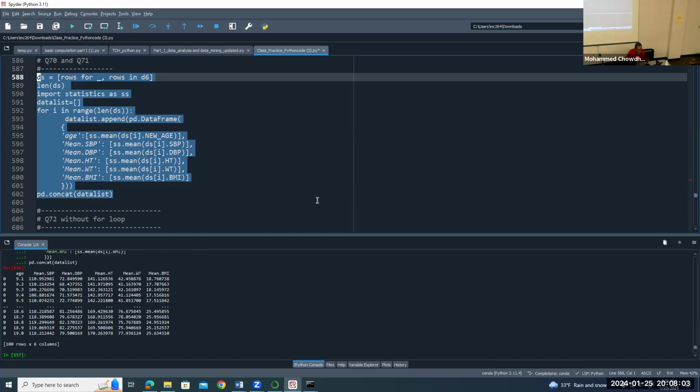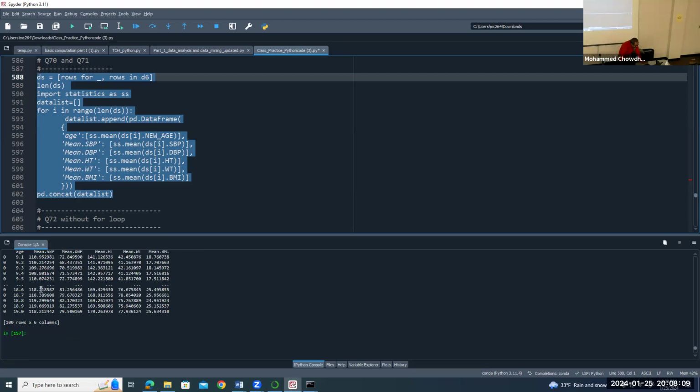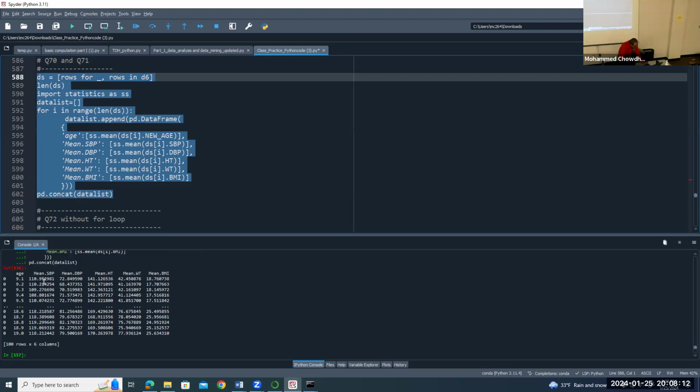So if I run this, these are the results. Now take a look in here. Age 9.1, mean SBP. Age 9.2, mean SBP. Right? So if you go 9.1, 9.2 up to 19, that is 100 data sets.